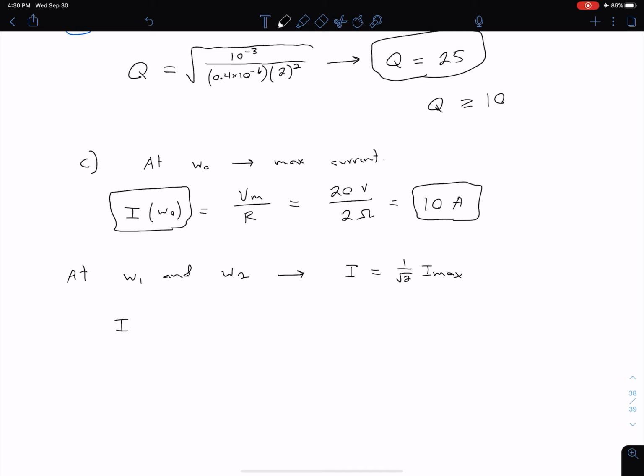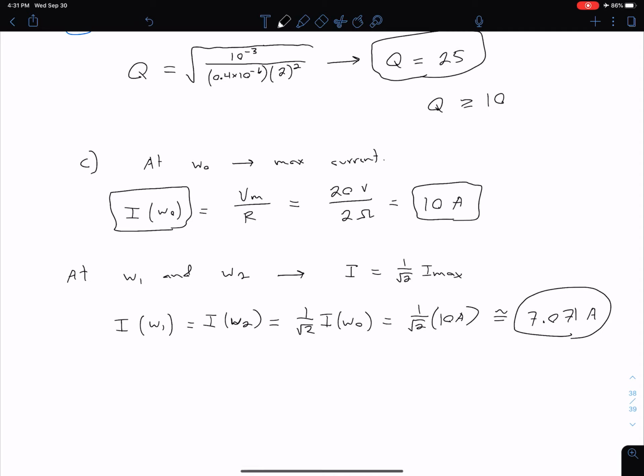So what we can say is our current magnitude at omega 1 equals the current magnitude at omega 2, which is just equal to 1 over root 2 times that current magnitude at omega naught. So that's just going to be 1 over root 2 times our 10 amps, and we get that that is approximately 7.071 amps. And so that's all for that example.